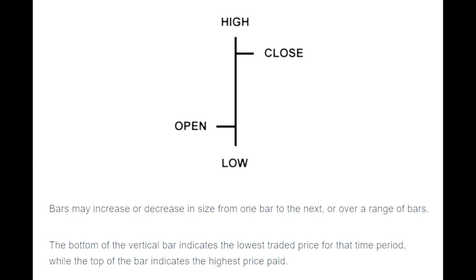So this is a high. This is a close. Close means you close your position here. This is not a candlestick. This is a bar. At this point is the open position, and this point is the close position. So this is a bar type of chart.